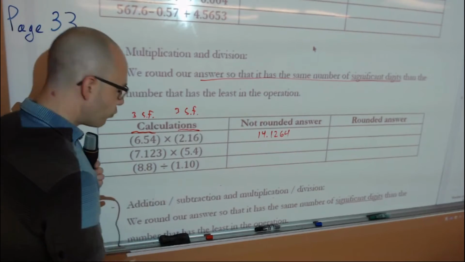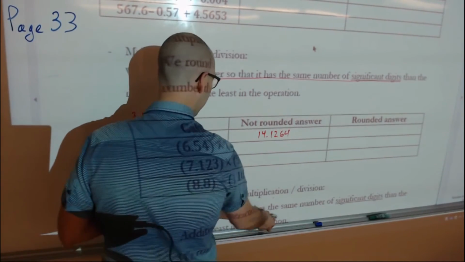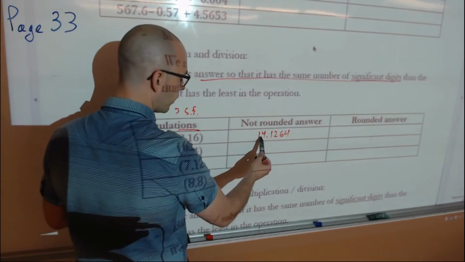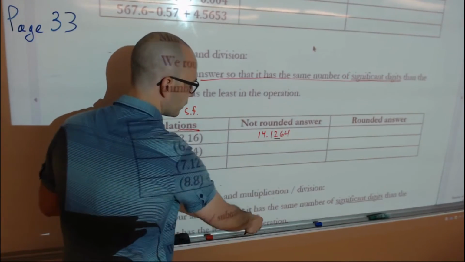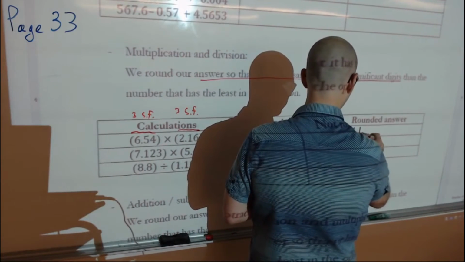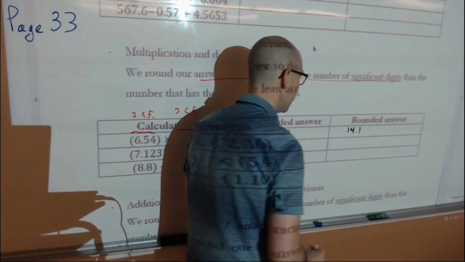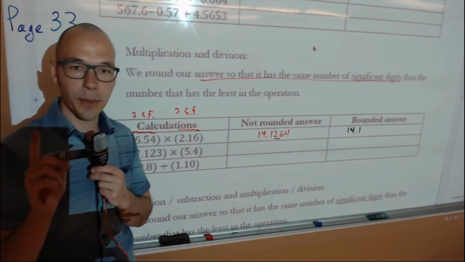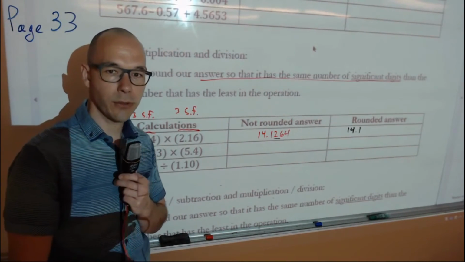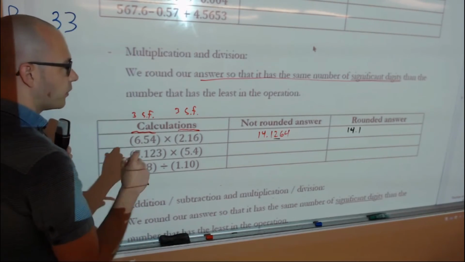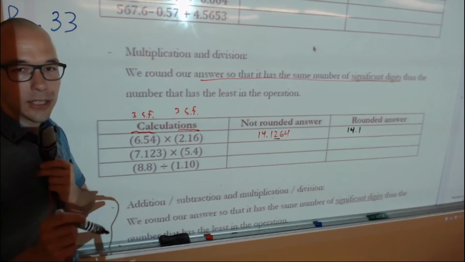So we have to round to 3 sig figs, and we have to look at the first discarded digit. 1, 2, 3. It's going to be a 2. So we have to round that to 14.1. We have to be careful here: with the final result, we're not looking at the decimal places when we're dealing with multiplication and divisions. We're looking at the number of significant digits.